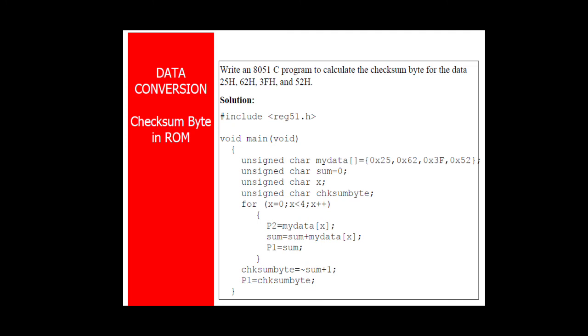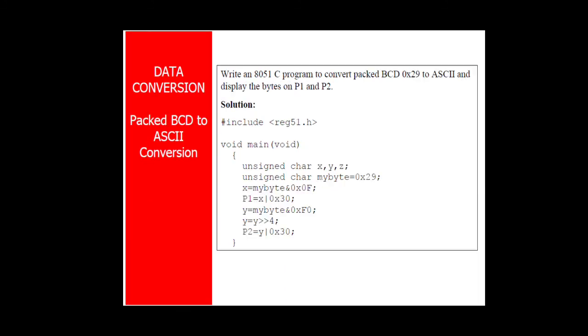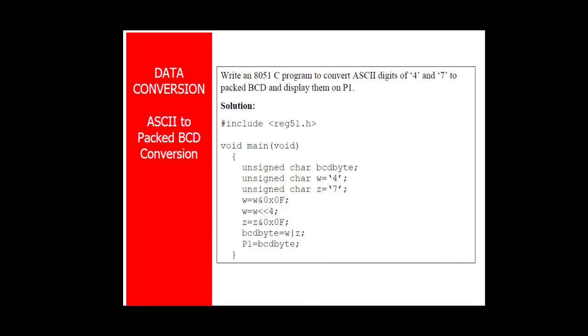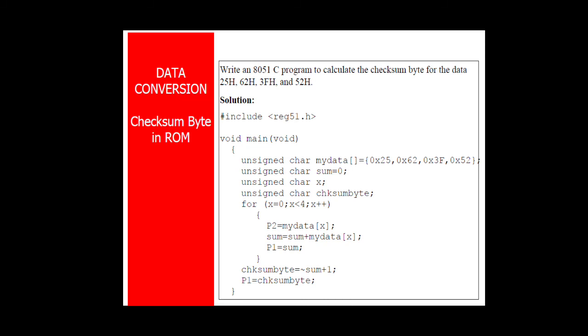So the for loop is executed 4 times. Since we have 4 numbers, we are going to extract every number from the array into P2, port 2, and then we are finding the sum of all these 4 elements. Then whatever sum value is there, we are sending it to port 1. After the execution of this loop, we will get the total sum value.